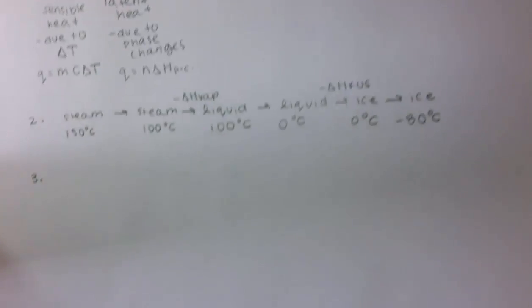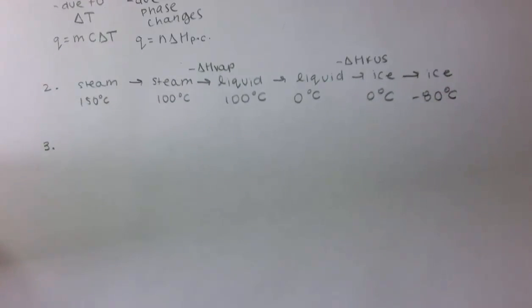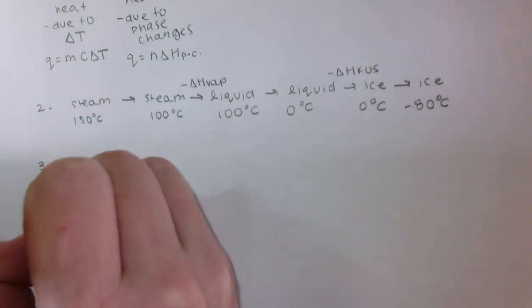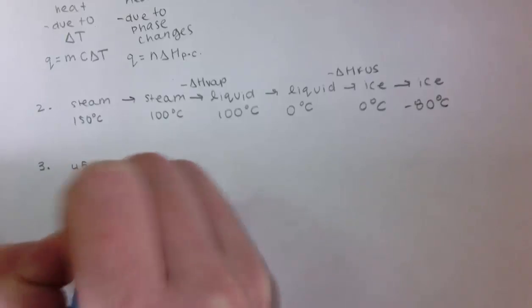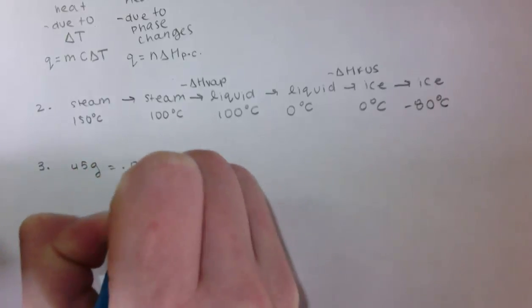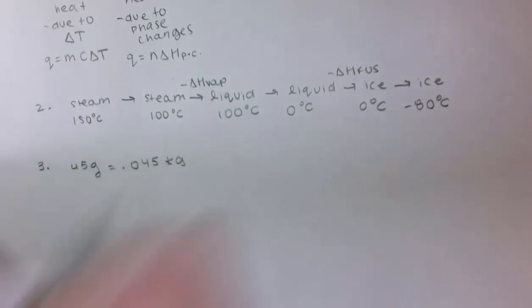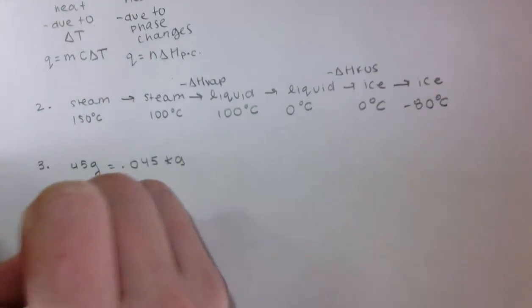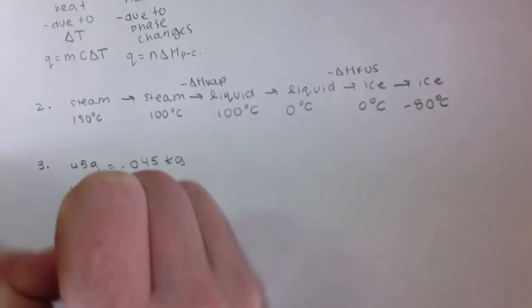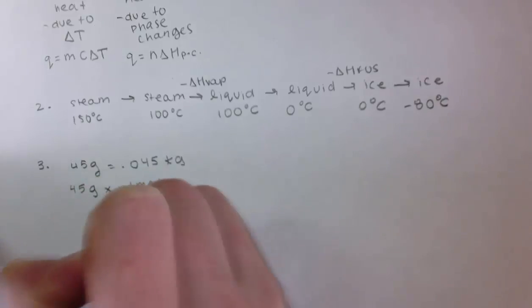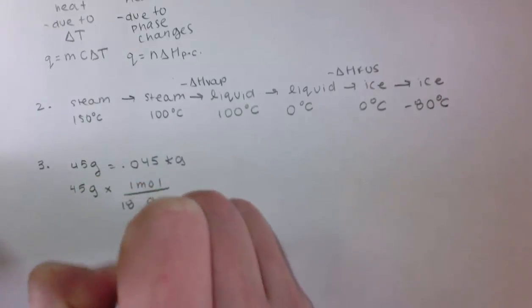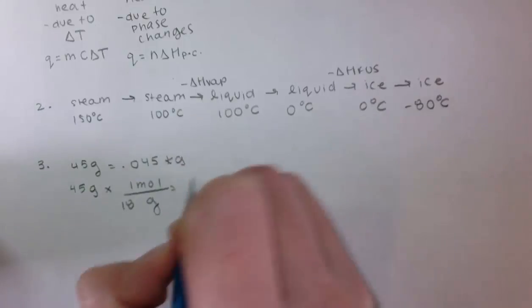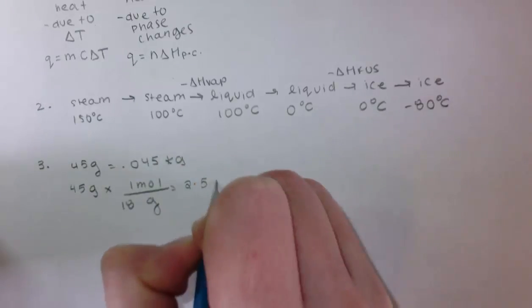So we're given that we have 45 grams of steam. So to convert that to kilograms, that's just 0.045 kilograms. We also need the number of moles. So we take our 45 grams and use our molar mass conversion to convert to moles. And I get 2.5 moles of H2O.